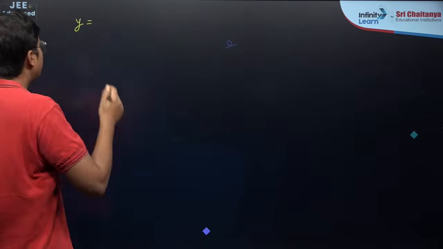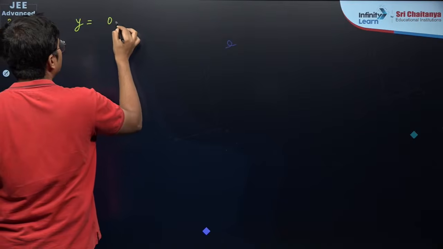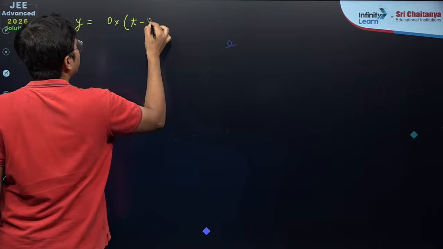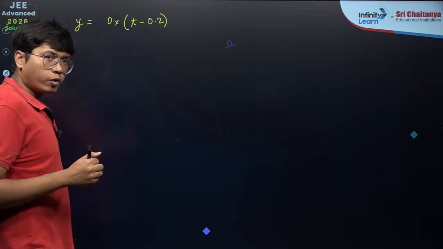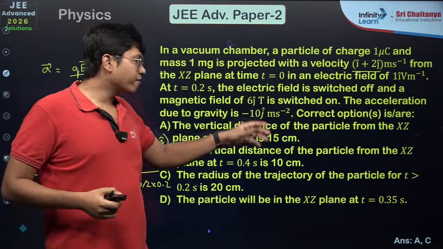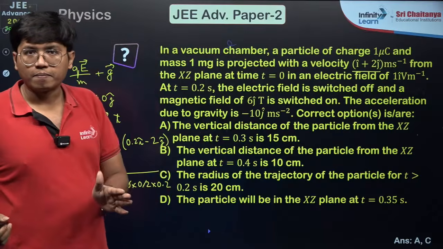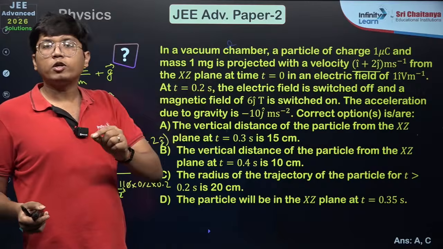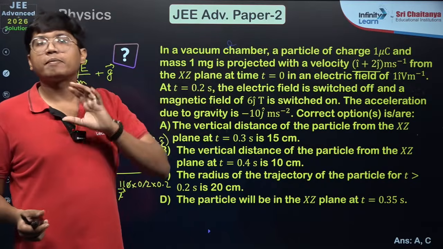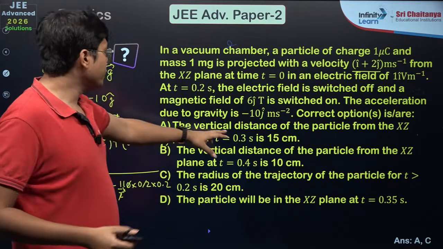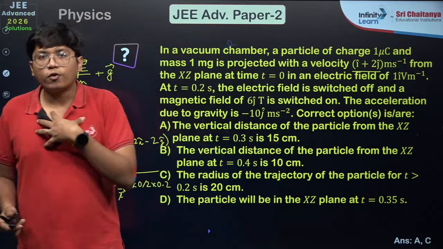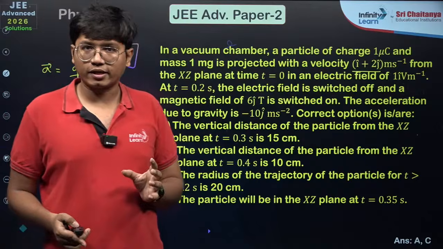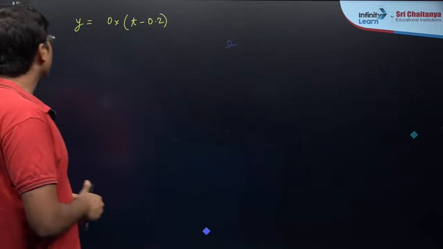So there the initial speed was 0. The time, whatever the time I consider, I'll do t minus 0.2. Why t minus 0.2? Because literally the options are given t value from the starting. But since I am changing my starting point to 0.2 seconds, any time I'll consider as minus 0.2. So basically if 0.3 seconds have passed, that means for me, since the magnetic field has been turned on, it has only been 0.1 seconds.